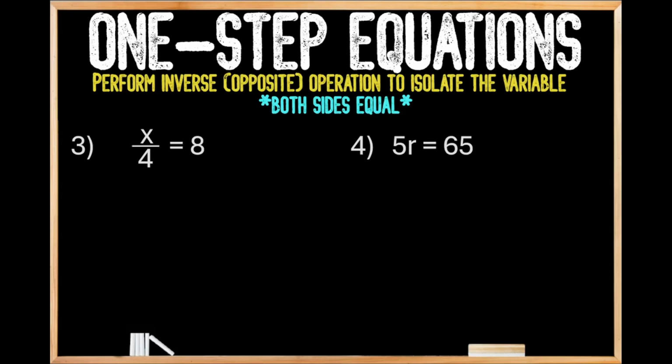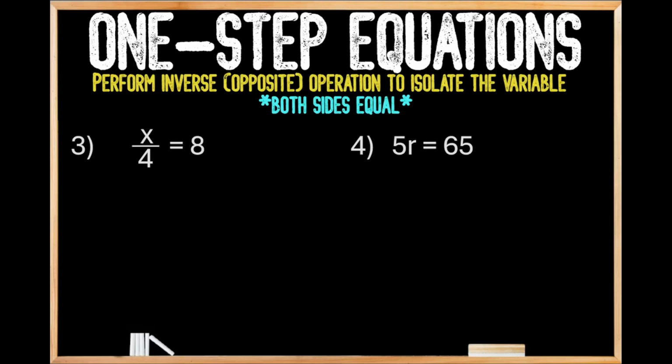Now moving on to question number 3, where this time we have a one-step division equation of x divided by 4 equals 8. So in order for us to isolate for our variable of x, we need to perform the inverse operation of whatever is being done to our variable. And here we're dividing our variable by 4, and the inverse operation of division is multiplication.